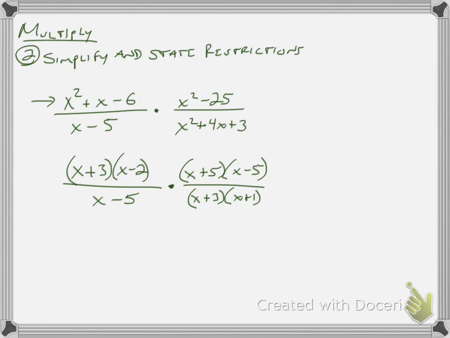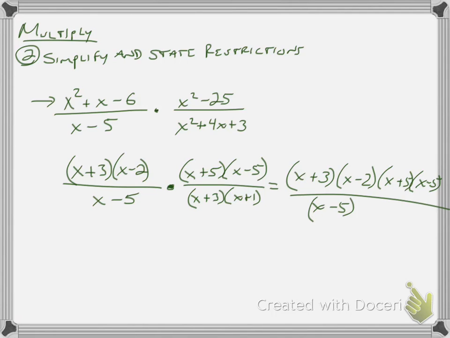If it's in the same fraction, one's in the numerator, one's in the denominator, you can cancel them out. But also if it's in the other fraction, because it's multiplying, you're really just going to multiply straight across. So everything in the numerators is going to be in the numerator, everything in the denominator is going to be in the denominator. So it would come out to this.